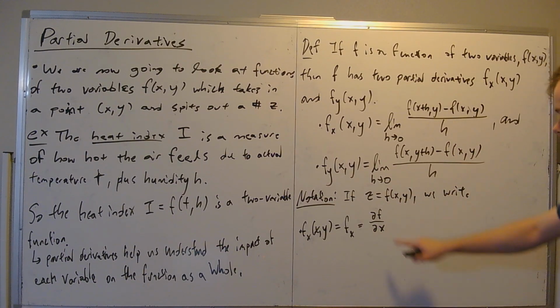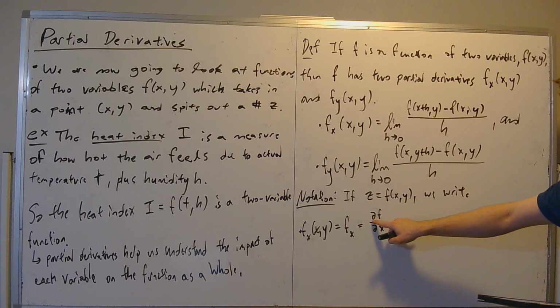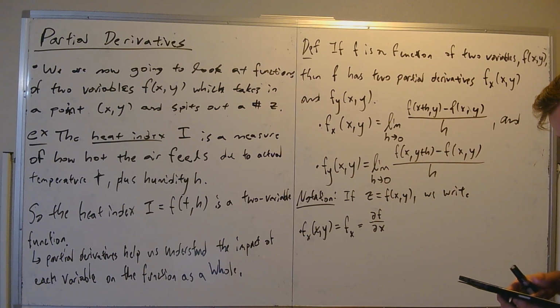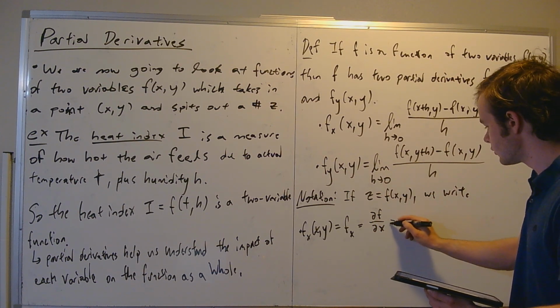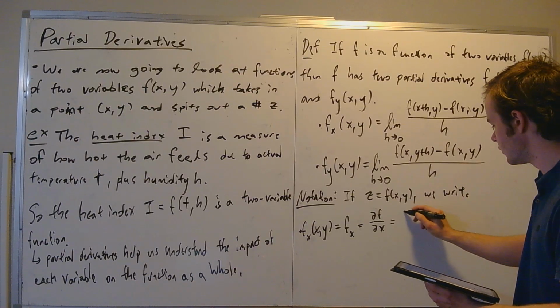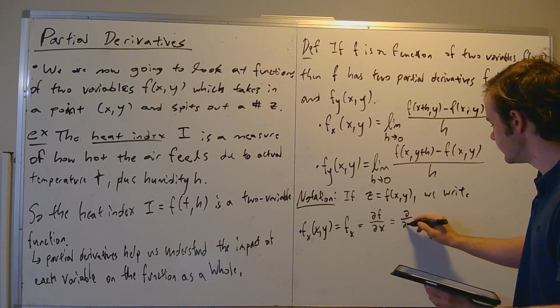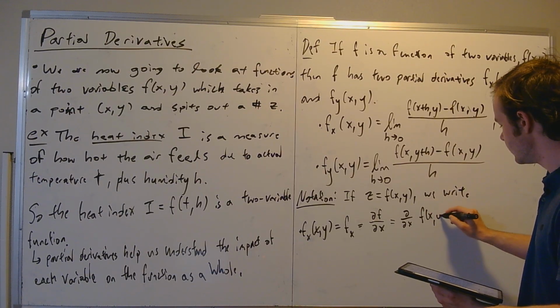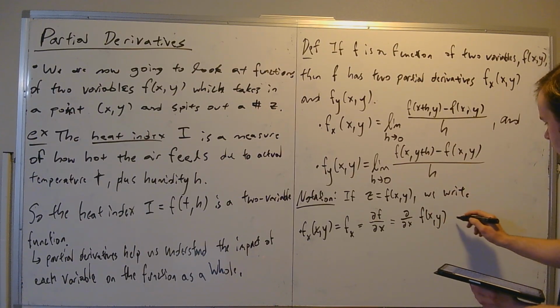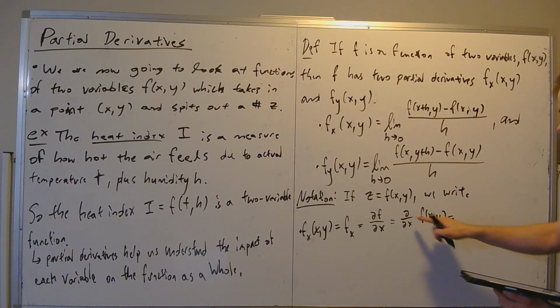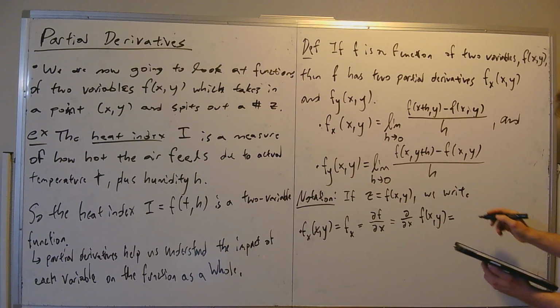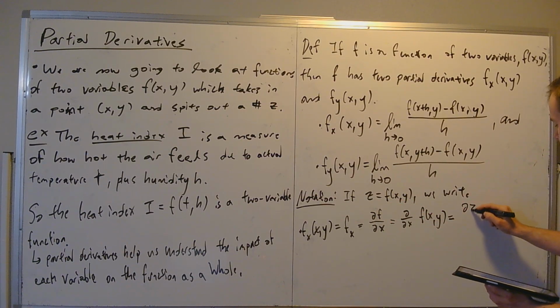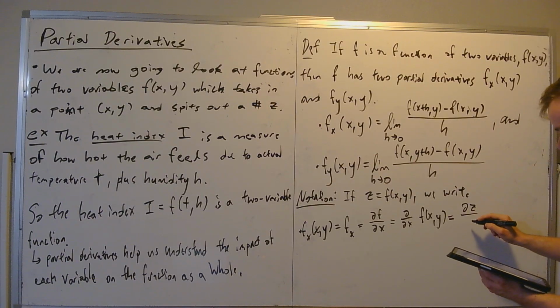Right. So instead of a d, we write this symbol, which means partial derivative. We can also write that this is the partial with respect to x of f of xy. Since f is the same thing as z, we can also write the partial of z with respect to x.